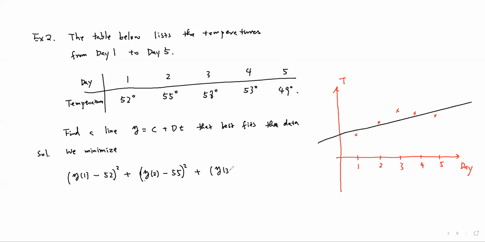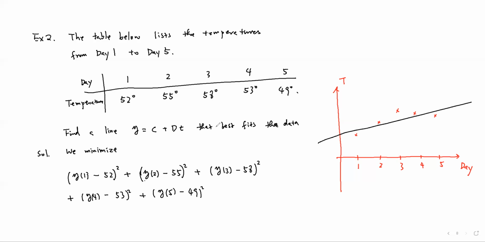Similarly, y3 minus 58, take the square, and y4 minus 53 squared, and then y5 minus 49. This is the sum of squares of distances of a line to the given data points. I want to minimize this sum, the total distance.